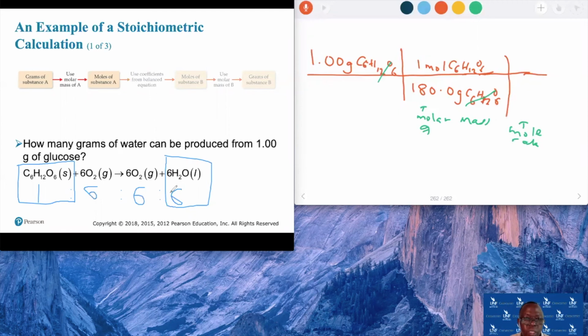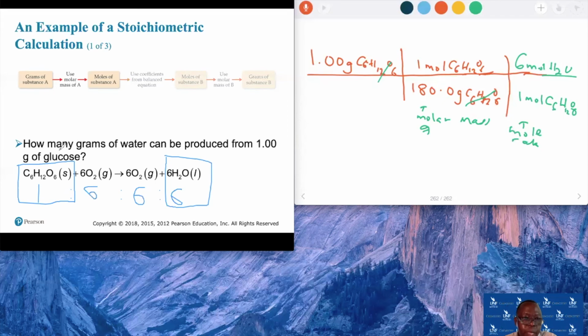This is the moles or coefficient, or just mole ratio. This is glucose, this is H2O. So here is 1 for every 1 mole of C6H12O6, 6 moles of H2O.